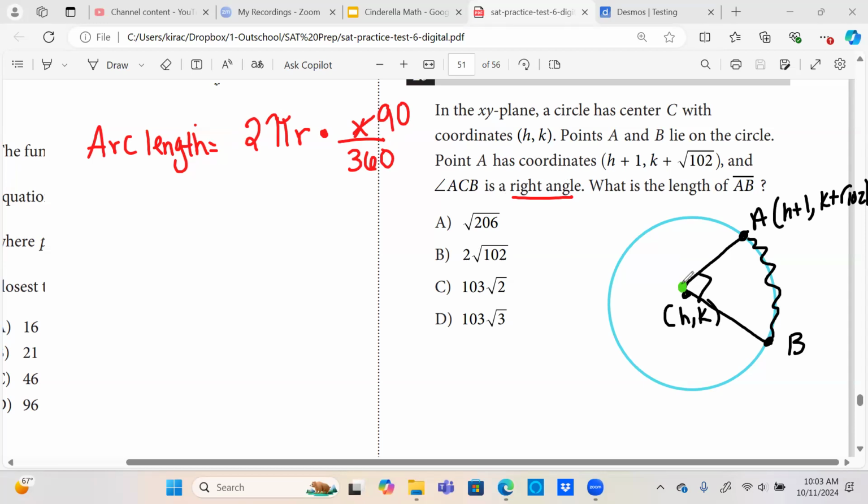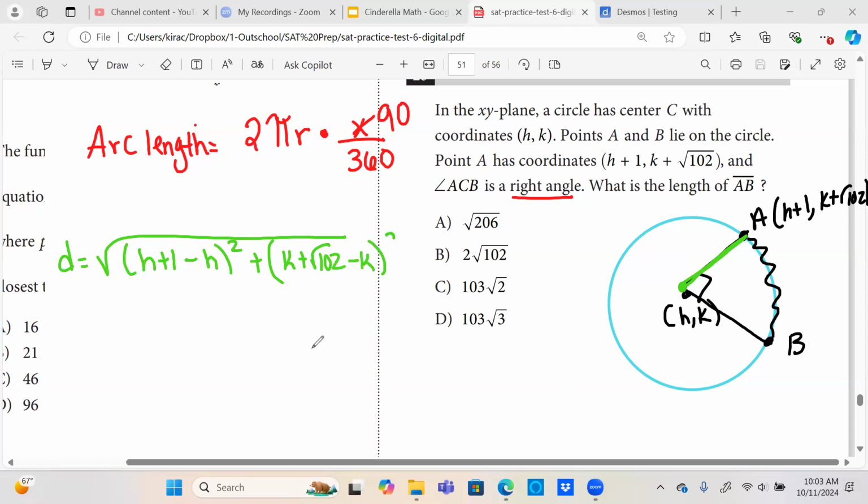So how far is it from here to here? So can't we just take the distance from this point in the middle to A? So distance, second x minus first x squared plus second y minus first y squared.